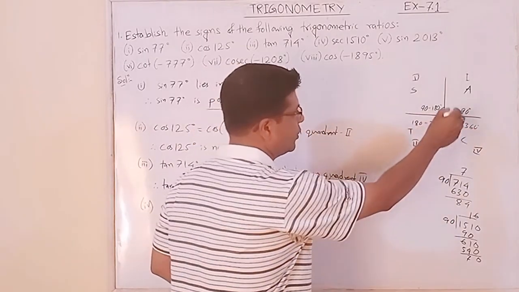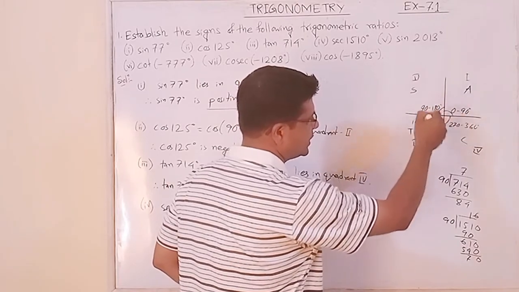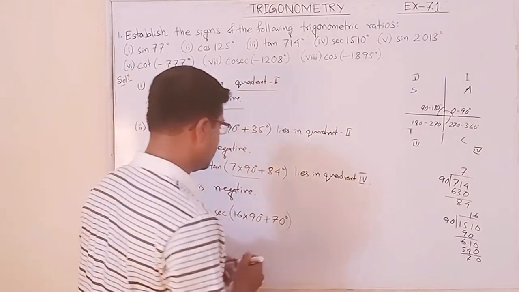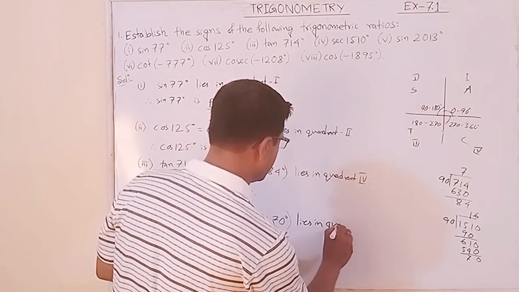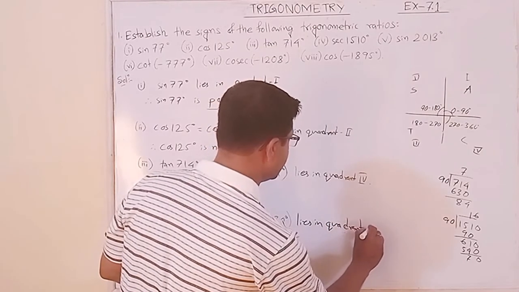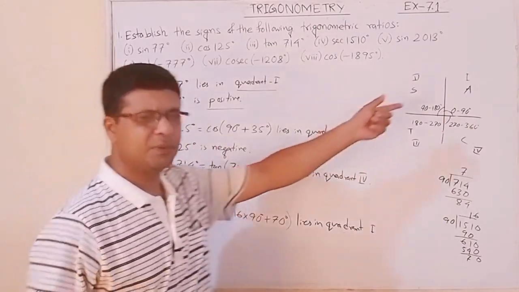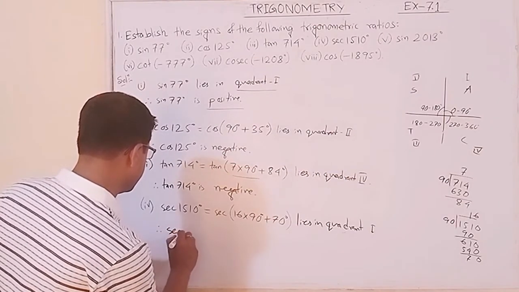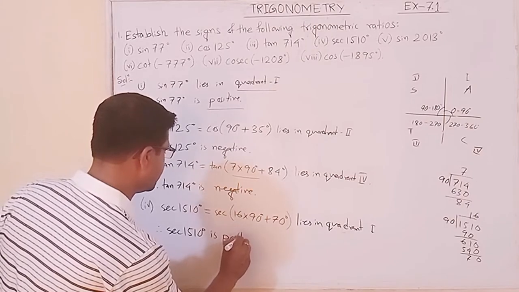Again I am repeating, 4, 8, 12, 16 plus 70, in the first quadrant. In quadrant 1, all are positive, so obviously sec 1510 degree is positive.